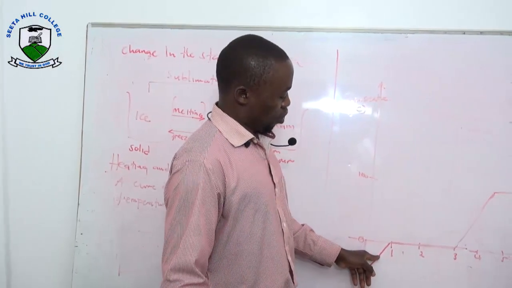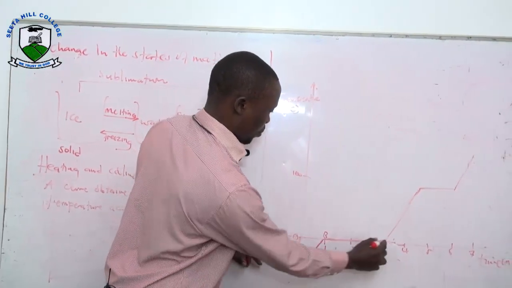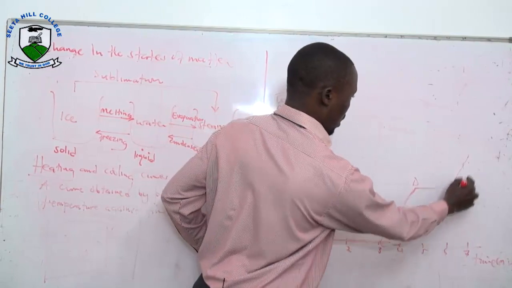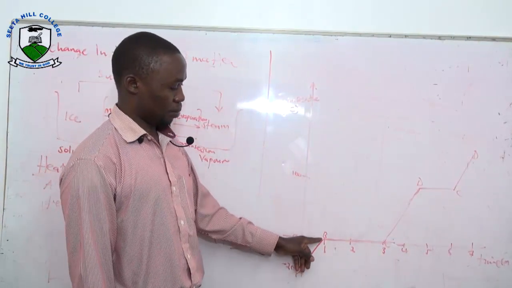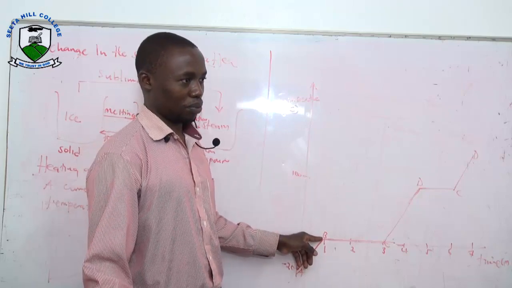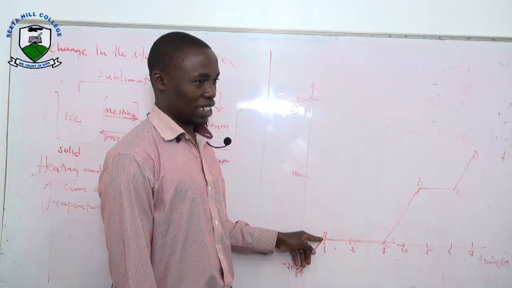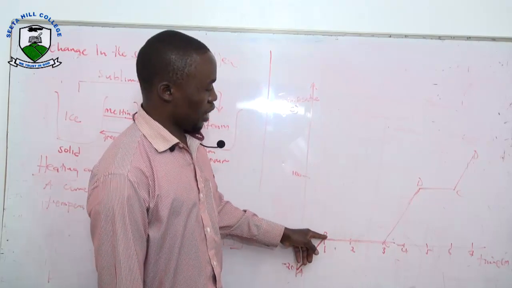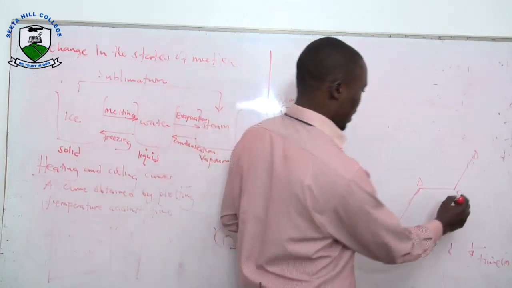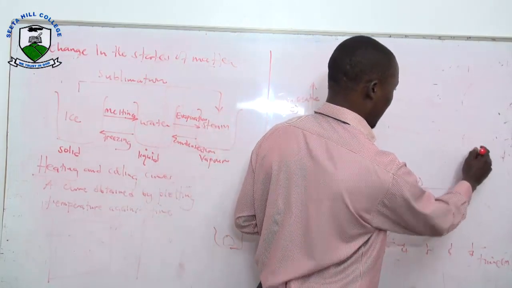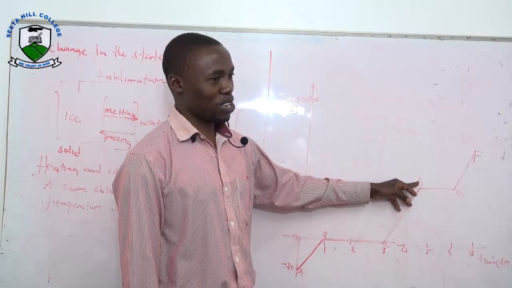Which state of matter is found along AB? Yes, Juko? Solid state. Which state of matter is found along CD? Yes, Aspolo?